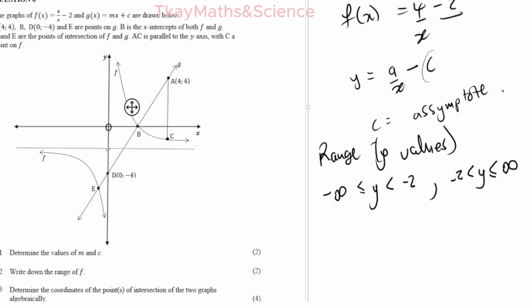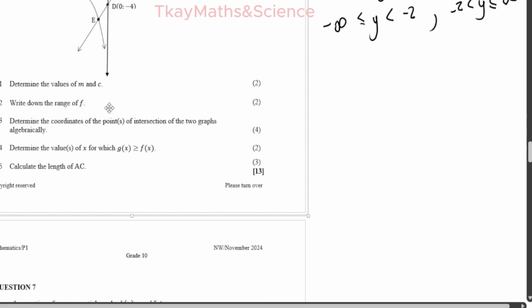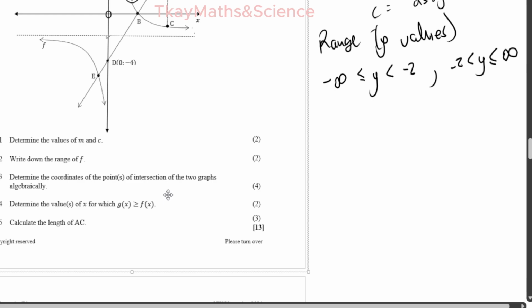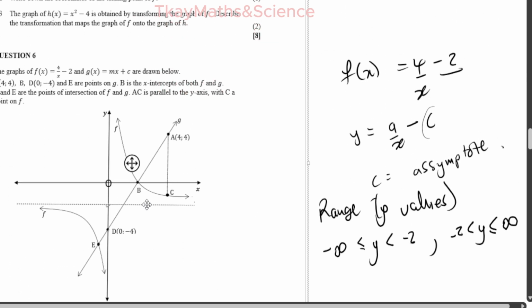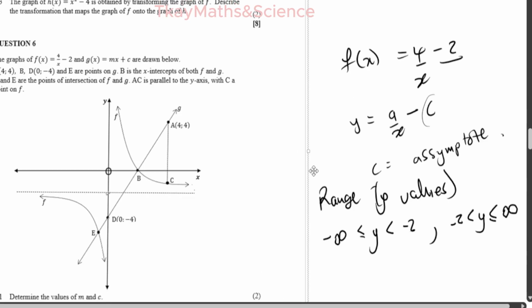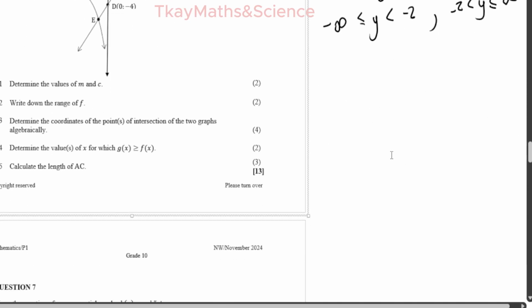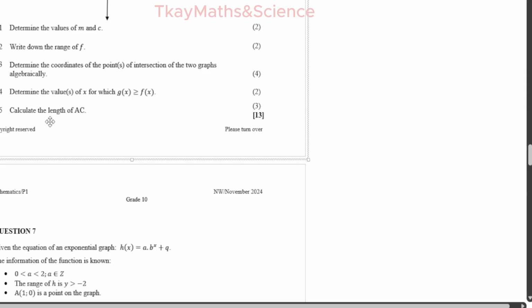Okay. Let's go on to the next one. We're going to determine the coordinates of the points of intersection of the two graphs algebraically. Okay, so we're going to do it like this. Let me use this down here. So for the point of intersection of the two graphs, we're going to try to equate.